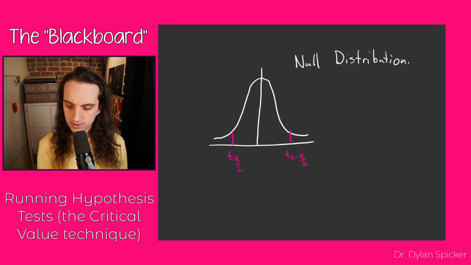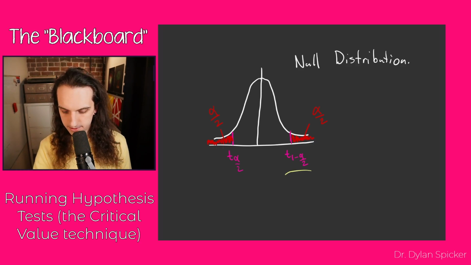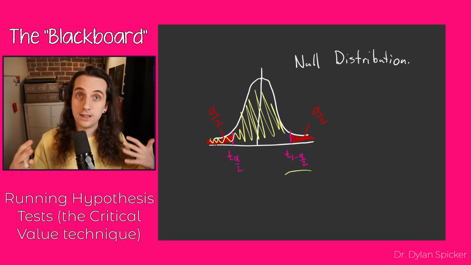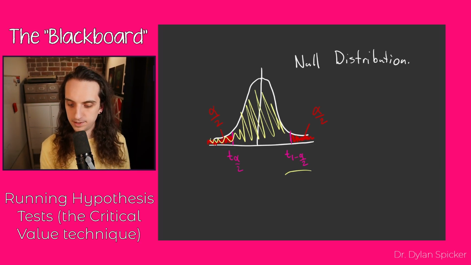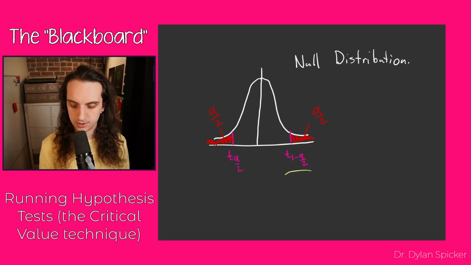And these critical values are computed such that there is an alpha over 2 probability of this happening, right? So there's alpha over 2 probability down here, and there's alpha over 2 probability up above here as well. And the reason for that is we know that there's 1 minus alpha over 2 probability below it, so if you're taking the complement probability, that means there's alpha over 2 above it.